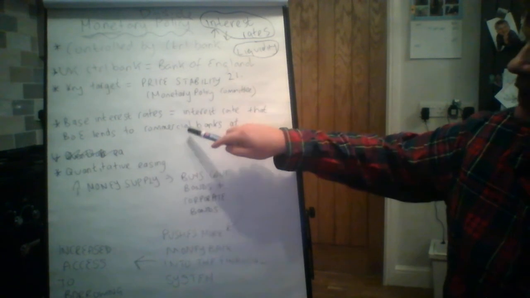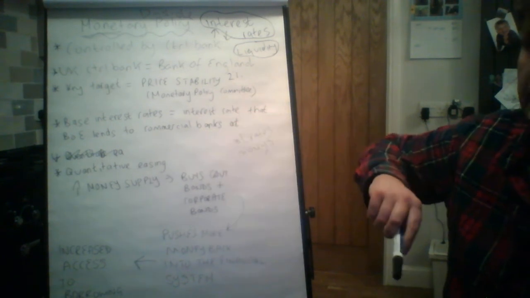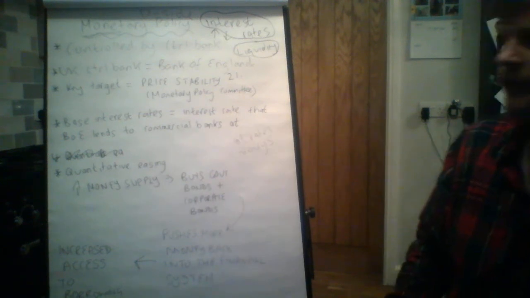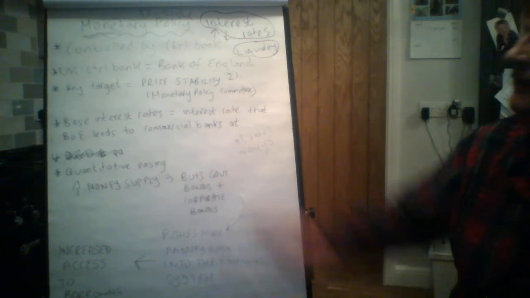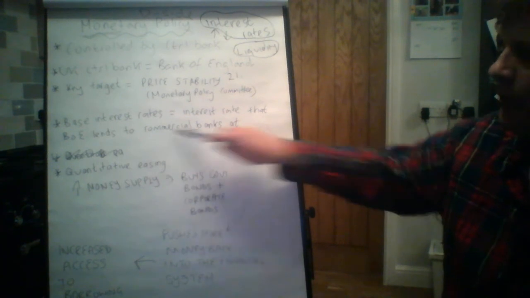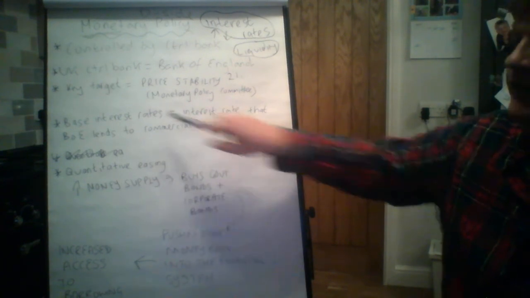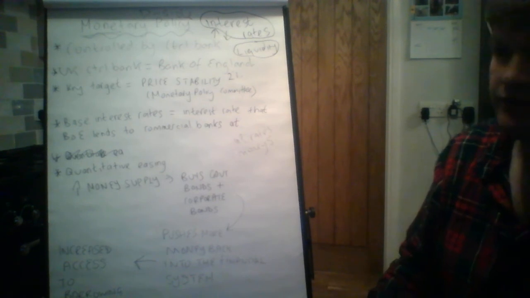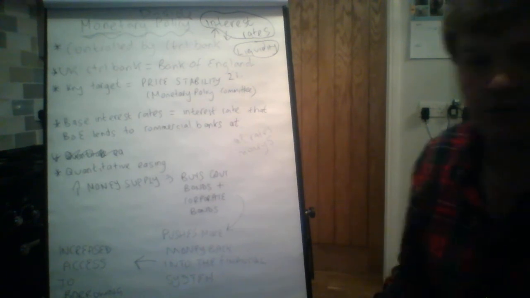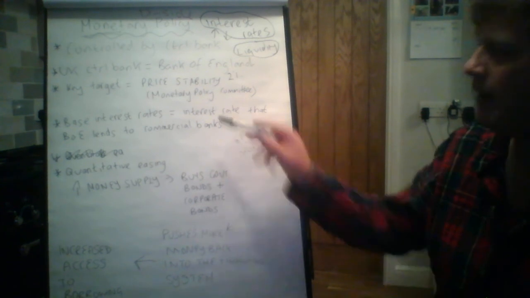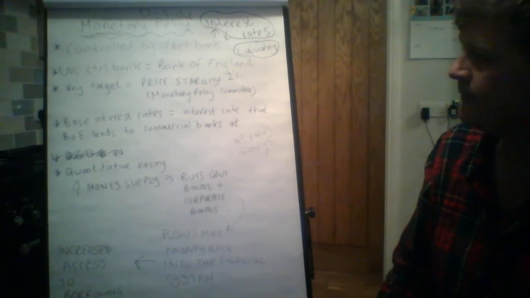If banks need money, they can go to the Bank of England, and to borrow that money they would pay the base interest rate. But also the base interest rate is often seen as the interest rate that commercial banks will be offered for depositing their savings within the Bank of England. So the base interest rate, to think about it, is the Bank of England interest rate. It's the interest rate offered or charged by our central bank.